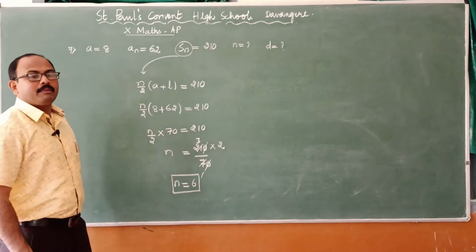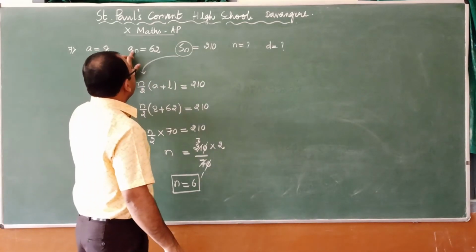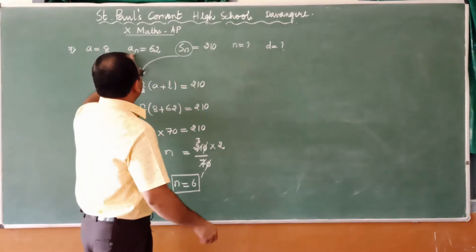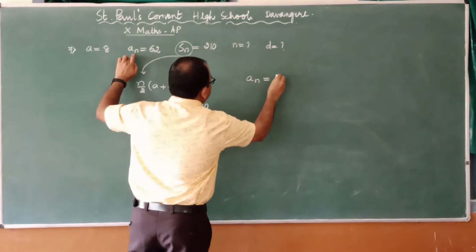After calculating the value of n, children, we shall take the an formula and find the value of d. We know that an given is 62.